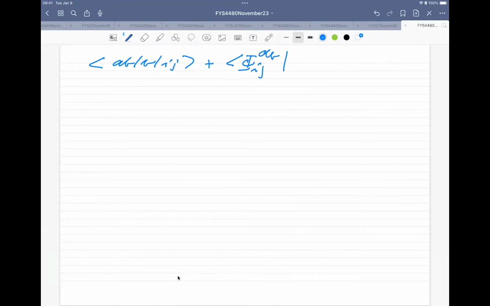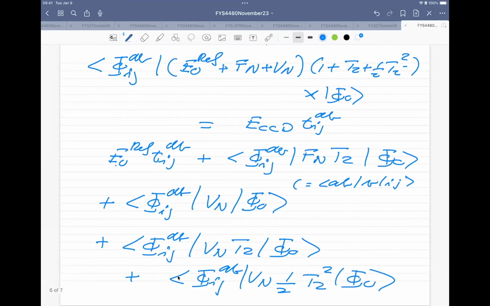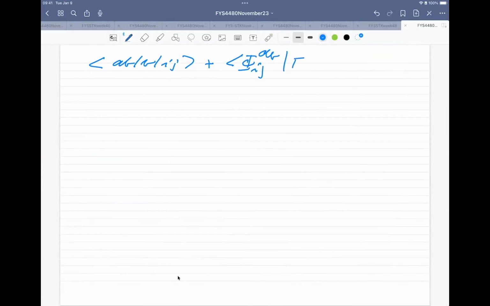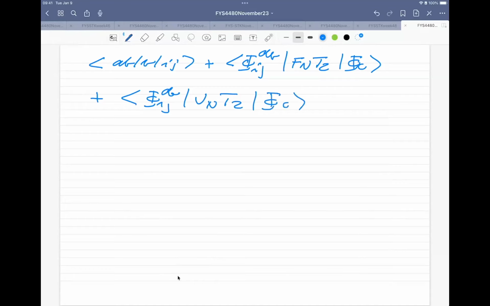and then we have the term with a Fn times T2 multiplied with phi 0 plus, and then we have a term here which is phi ij AB, and then I have V of n times T2 and phi 0 plus, and then I have the final one, ij AB, and then I have V of n multiplied by 1/2 of T2 squared of phi 0.